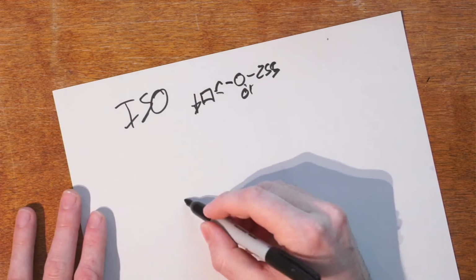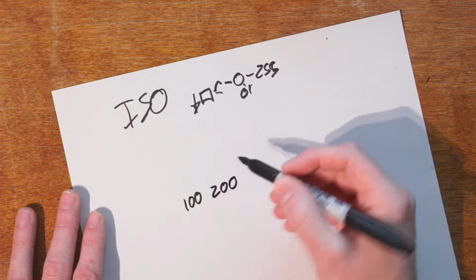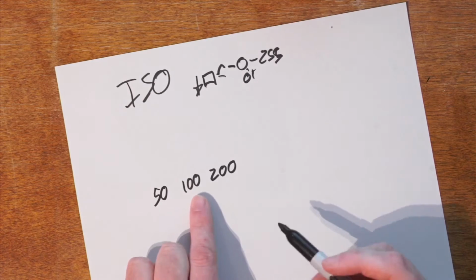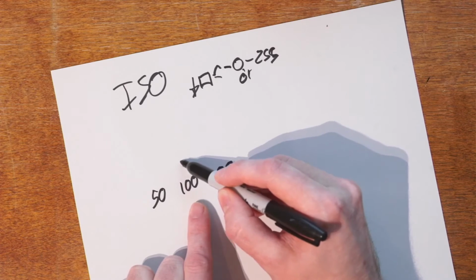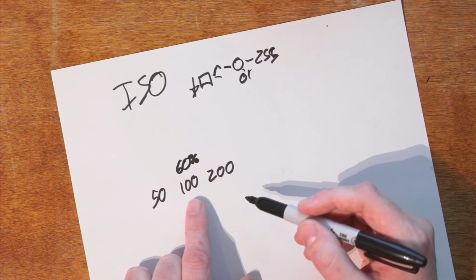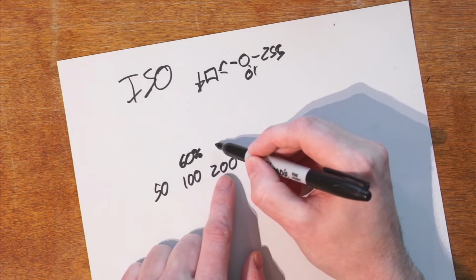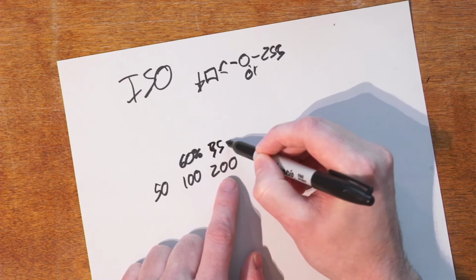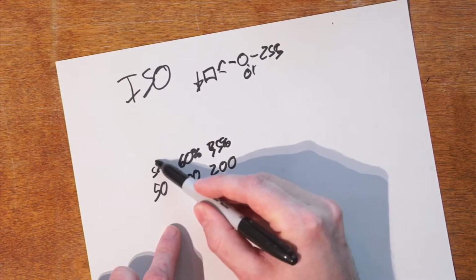ISO generally starts at 100. Some cameras start at 200. Some cameras start at 50. I would say that nowadays probably 60% of cameras have a starting ISO of 100, maybe 35% of cameras start at 200, and I would say 5% of cameras start at 50.